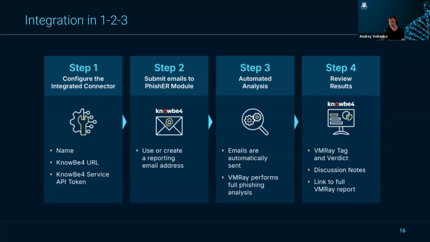If there is a chain of objects, we will go down this chain, and then we will ship back into the PhishER all the data that we have generated, like the verdict, the threat name, if the email was found to be a threat, and the link to the full report that you can use to pivot to VMRay and look into even more analysis details if you want.